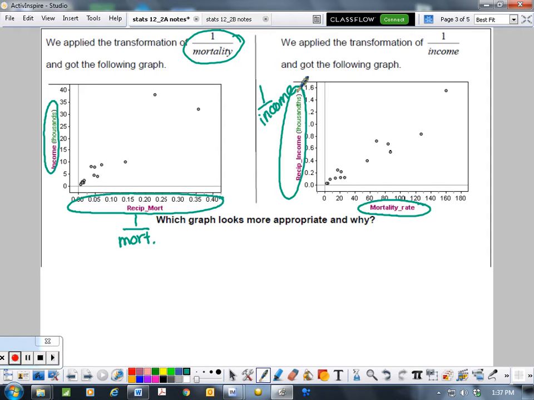So now the question is, which one looks more appropriate? And my guess would be the second one. Now, why would that look more appropriate?